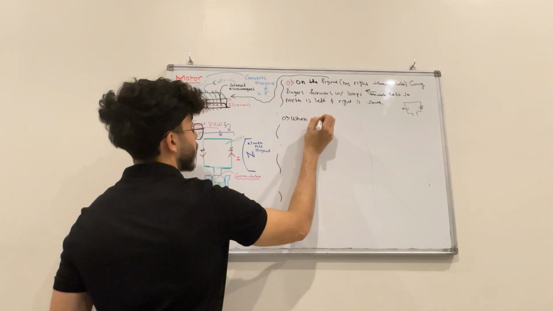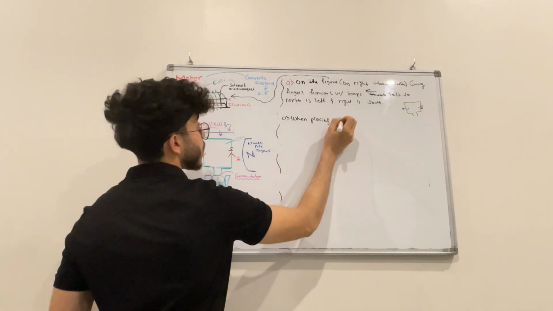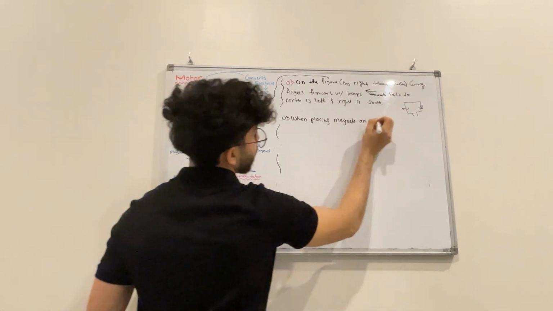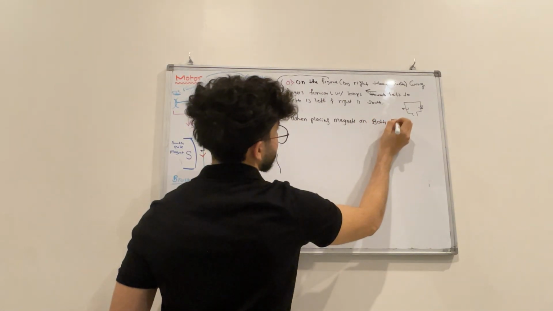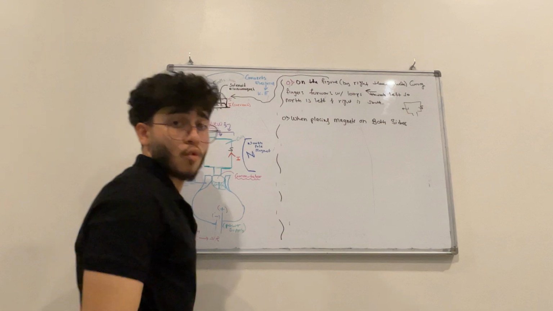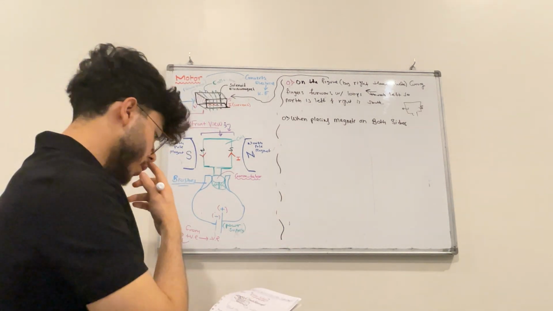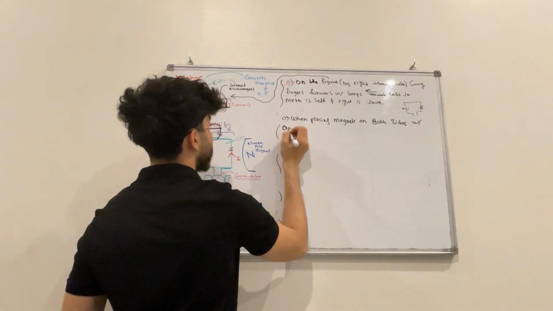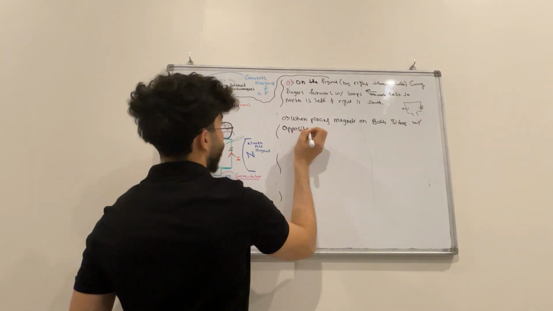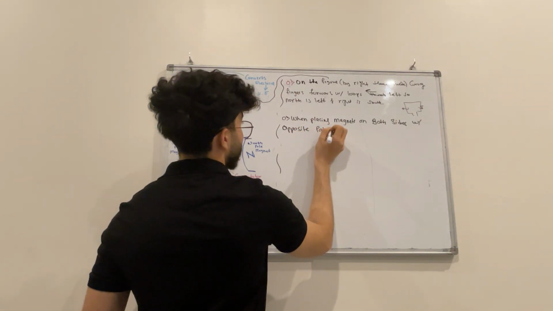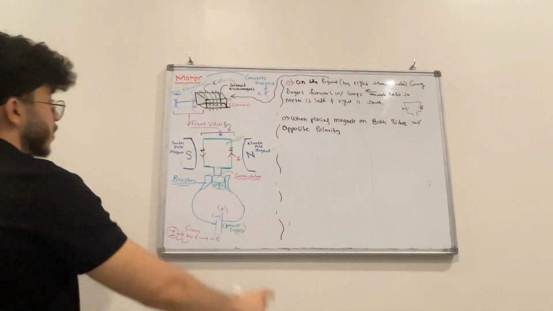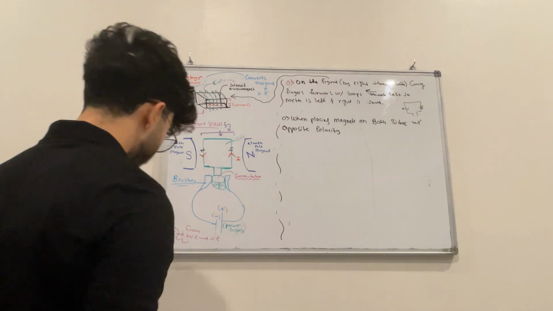When placing magnets on both sides with opposite polarity, what's going to happen? There's going to be a magnetic force between the coil and the magnet.